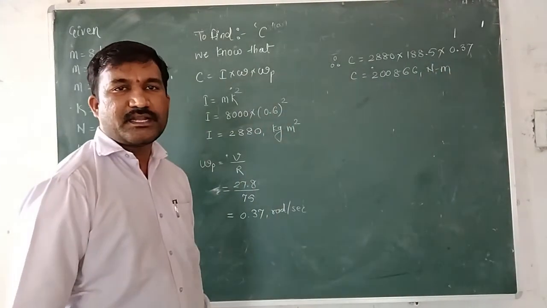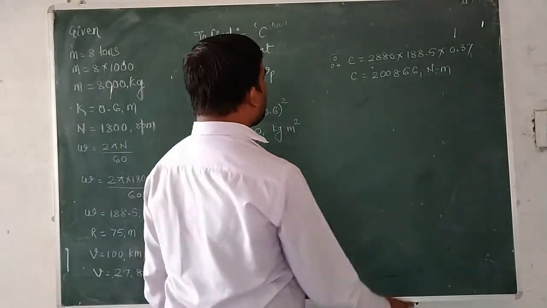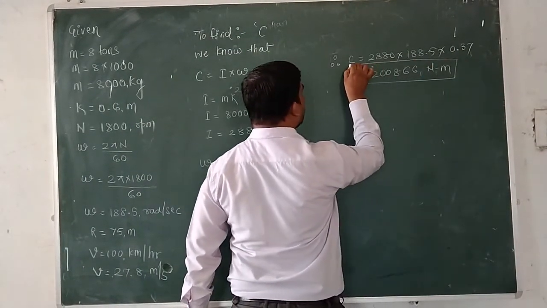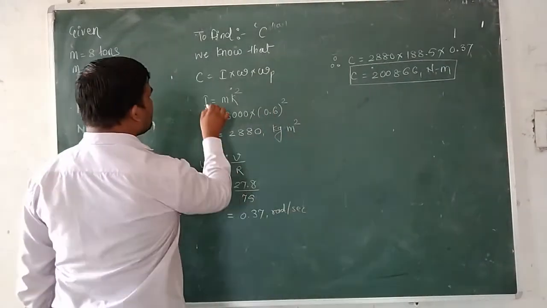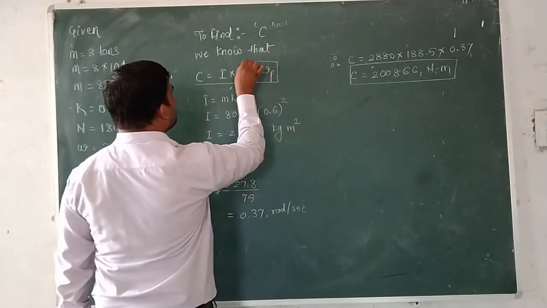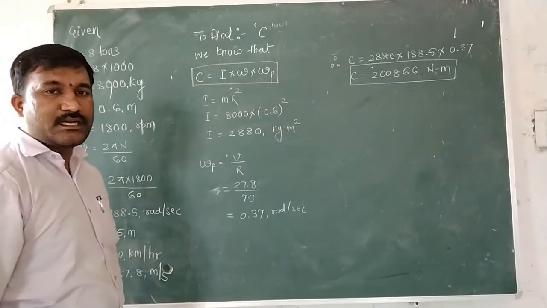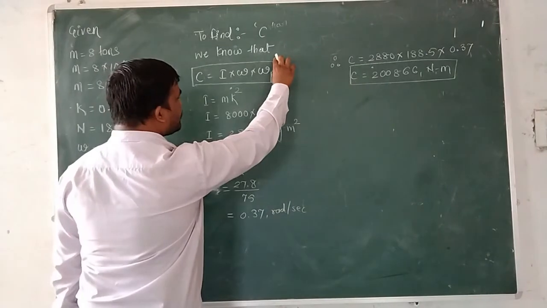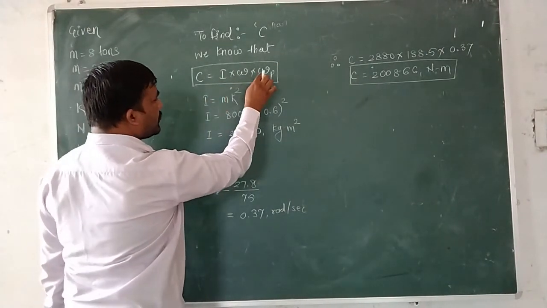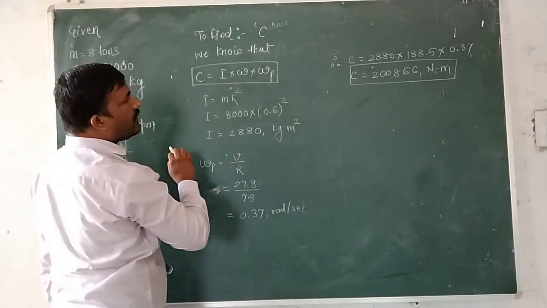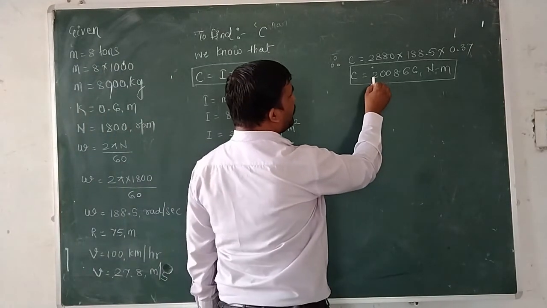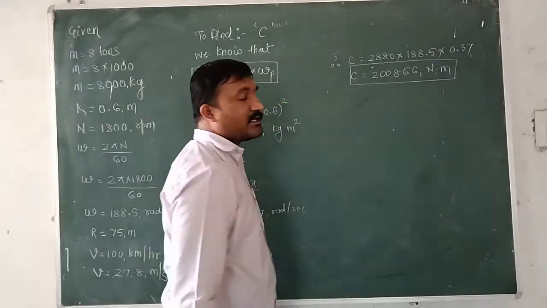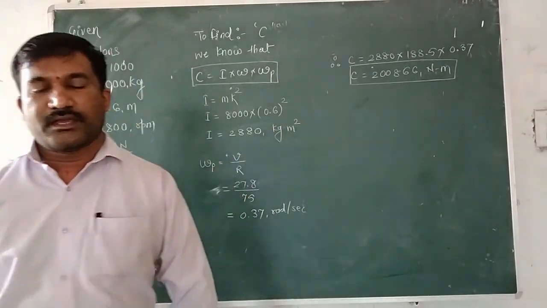This has been asked in the numerical, that you have to find the value of C. We just wrote down the given conditions, then used this equation, found all the terms related to C, and the final value comes to be 200,866 Newton meter.